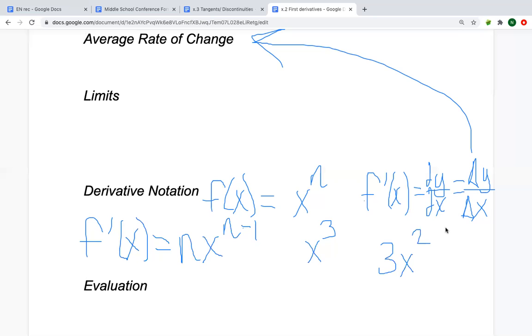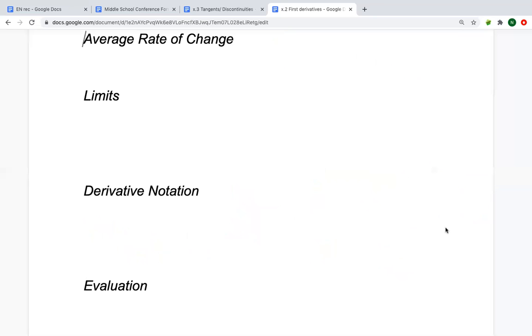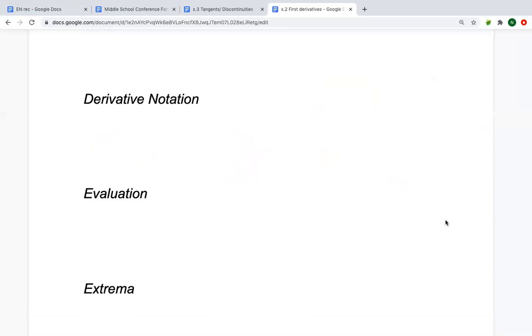Now, if I were to ask you what f prime of 2 is when f of x equals, let's change it up a little bit, 2x to the 4th. Basically what I'm asking is what is the slope of this function at 2? So I take the derivative.